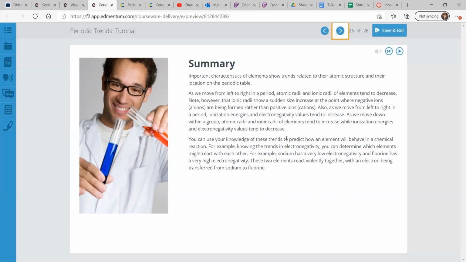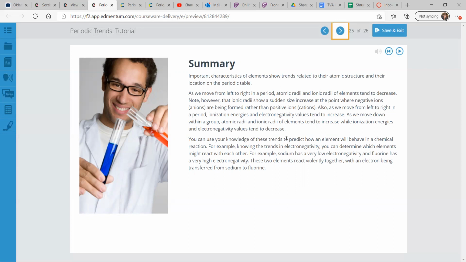Also, as we move from left to right in a period, ionization energies and electronegativity values tend to increase. As we move down within a group, atomic radii and ionic radii of elements tend to increase while ionization energies and electronegativity values tend to decrease.